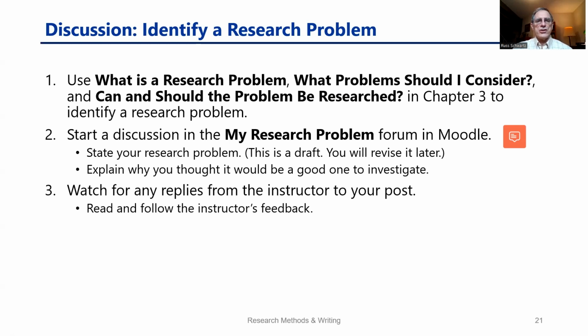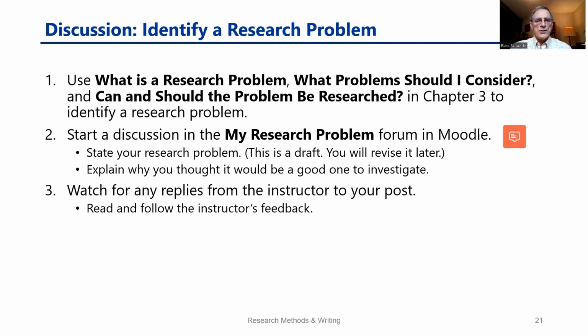Then start a discussion in the My Research Problem forum in Moodle. And in your discussion post, state the research problem, and it doesn't have to be perfect yet because we're still early in the process, and explain why you thought it would be a good one to investigate. That ought to be easy enough to do because you wrote down the answers to all those questions in your notes.